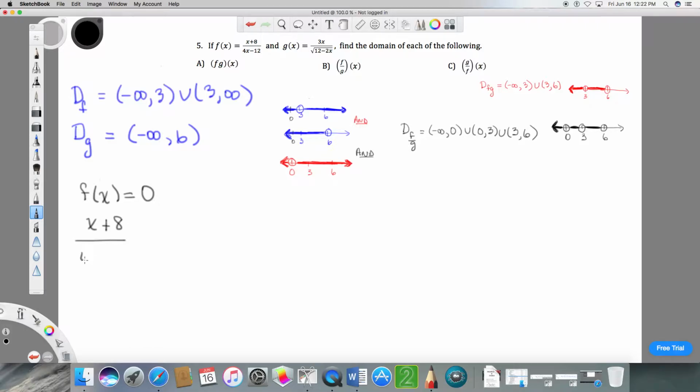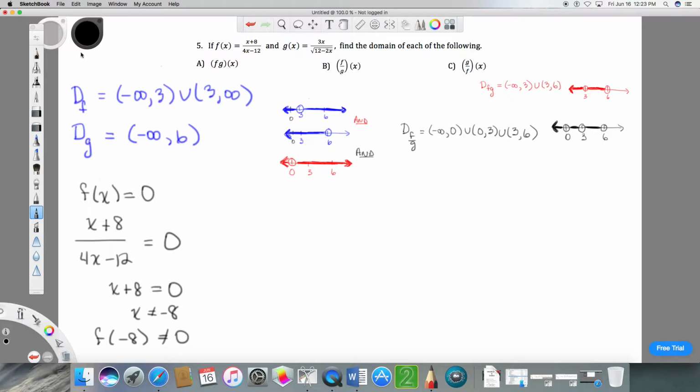So whenever you have a fraction that reduces to 0, it's definitely not because the denominator is 0, it'd be undefined. It's because of the numerator. And here, if X were allowed to equal -8, F evaluated at -8 is equal to 0. We don't want that to happen, so therefore we have to throw out -8 from this set.